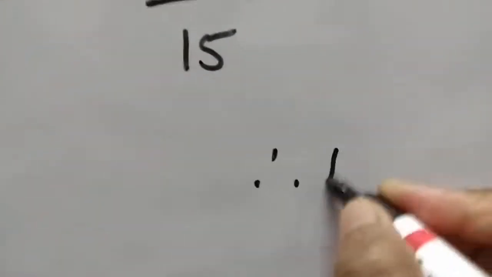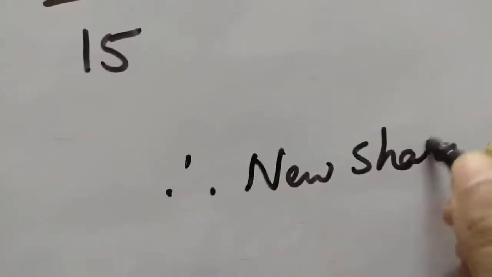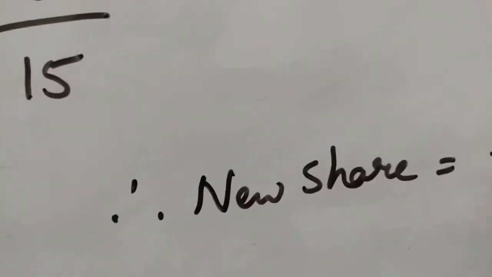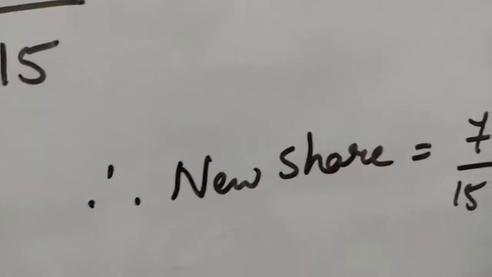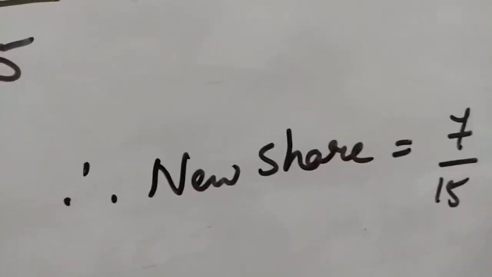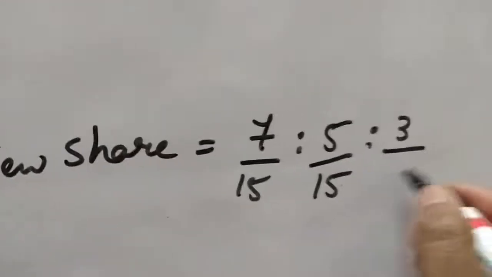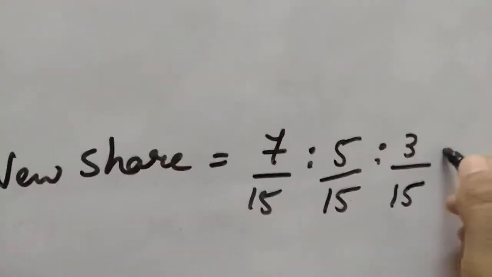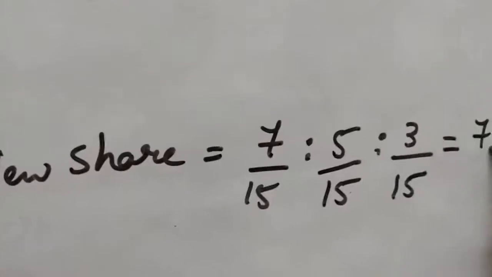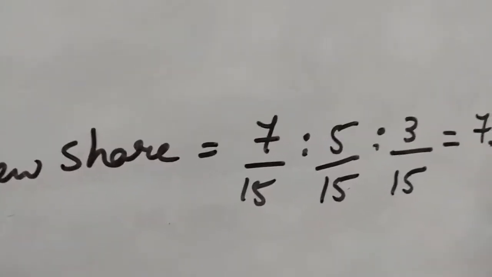Therefore, the new share is equal to 7 by 15 is to 5 by 15 is to 3 by 15, which is equal to 7 is to 5 is to 3.